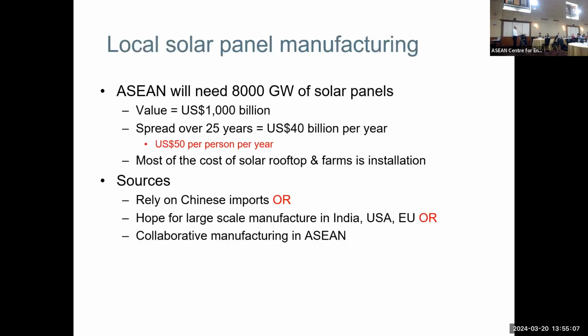The local solar panel manufacturing will obviously be high on the agenda as the solar revolution sweeps over ASEAN, as it is in every other country.